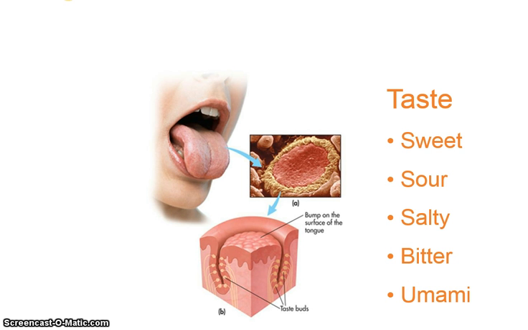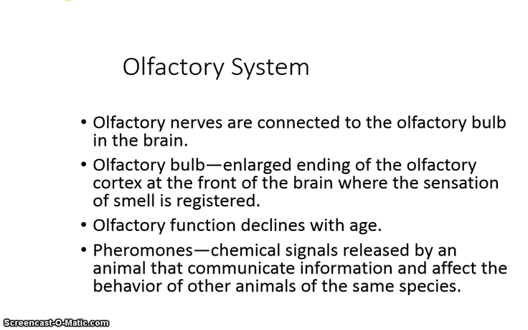So here you have an image of the tongue, and those taste buds are showing you the receptor sites for sweet, sour, salty, bitter, or umami. So the olfactory system. Here it's important to note that the olfactory receptor sites in the nerves connect with the olfactory bulb, and this is right next to the brain.